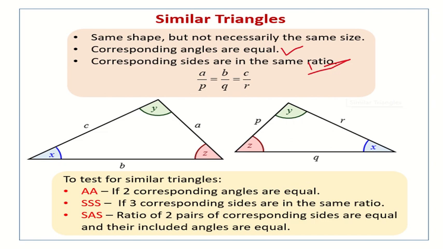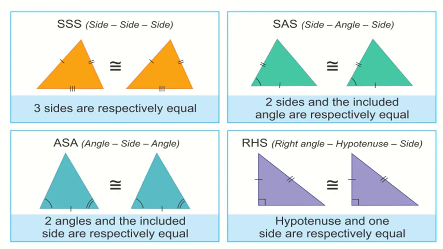Let us see what criteria you will use to say whether it is a similar triangle or not. First, based upon sides, SSS: three sides are respectively proportional. Then next, side angle side. Two sides and the included angle are respectively equal. Then ASA, angle side angle: one angle will be equal, the other angle will also be equal, and the included side will also be equal.